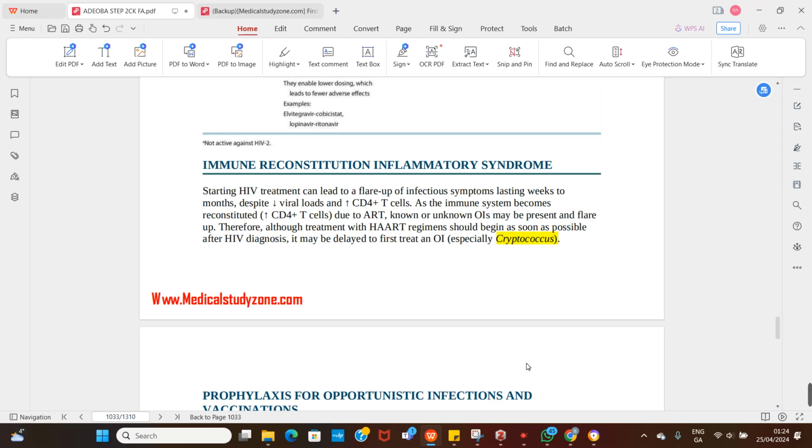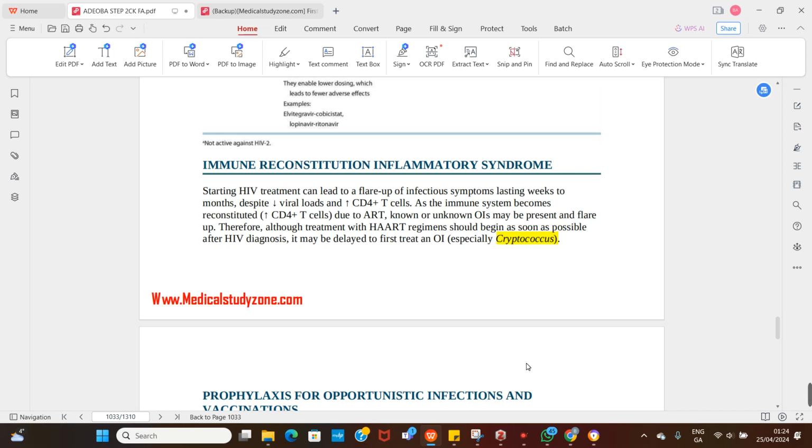That is, once you know that those individuals have this disease in them, you don't want to start HAART immediately. You want to treat that infection first before you commence your HAART. But if you are going to give that individual HAART first before treating the infection, you have to notify the infectious disease authority of that state.